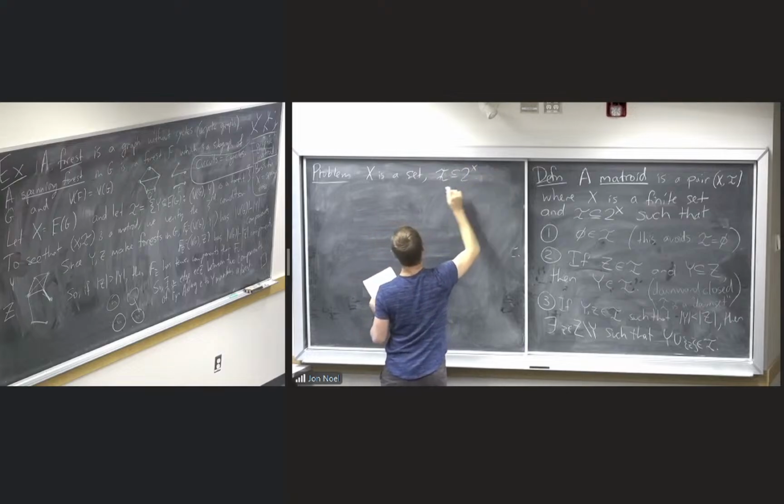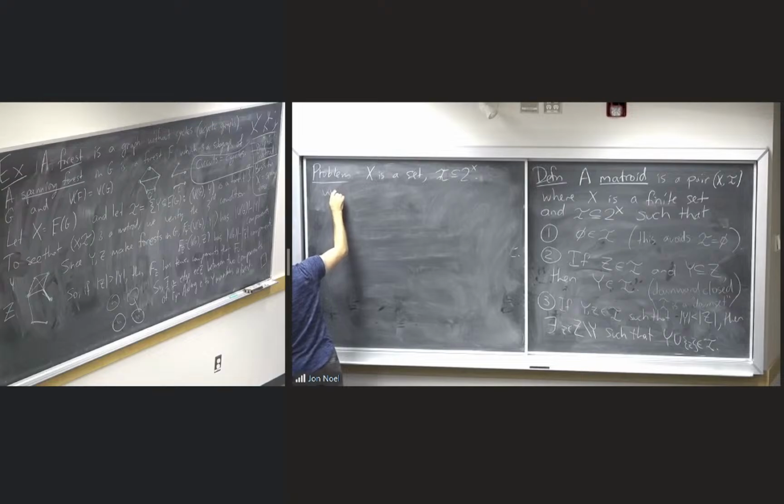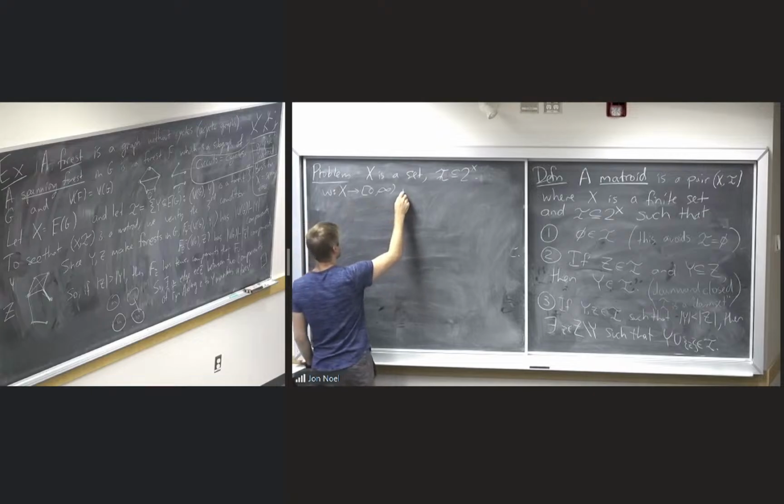And let's say W is a weight function. We're just going to use non-negative values because it makes it simpler. But everything I'm saying can actually be adapted to using negative values as well. So it's just going to be easier for the beginning to think about non-negatives. So this is a weight function.